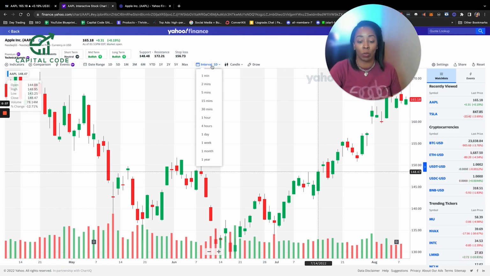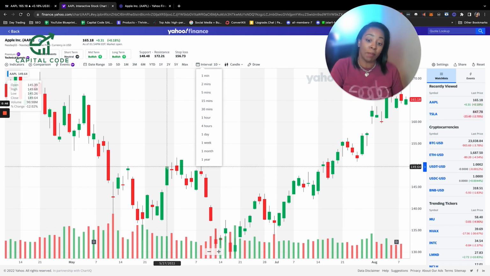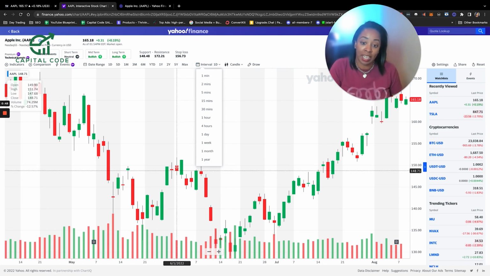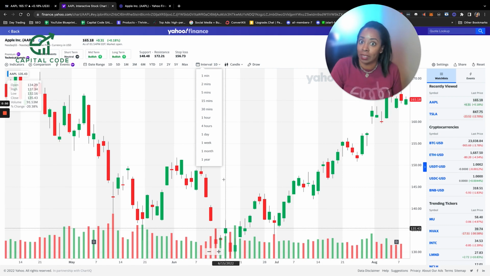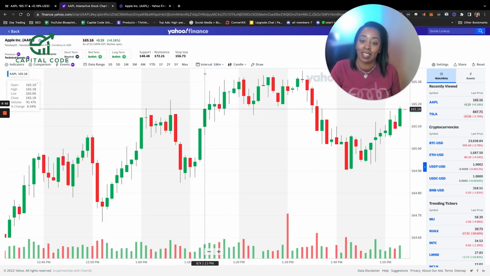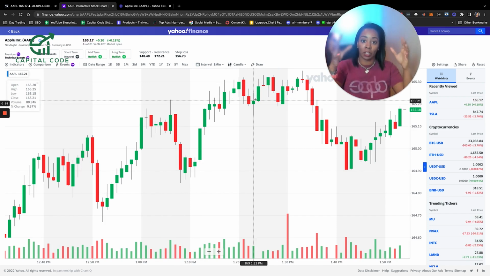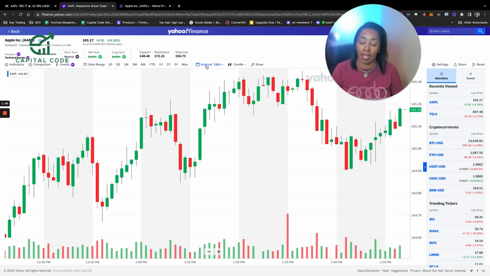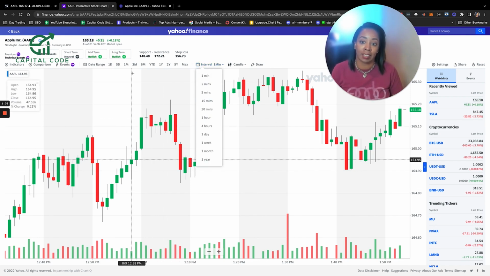Just really quickly, the interval currently is set at 1D. That is 1 day, and that basically means that each candle here represents 1 day. If we went down to the minute, you can see how the candlesticks change. These intervals are basically known as time frames.